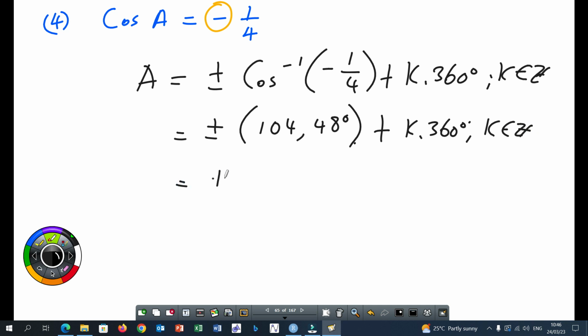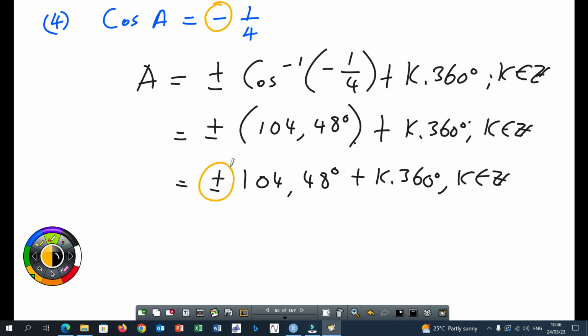Now check this. I can just write it plus or minus 104,48 degrees plus k times 360 degrees, where k is an integer. And I'm done, because this caters for both second and third quadrant. Now, this is the part which sometimes irritates me actually.